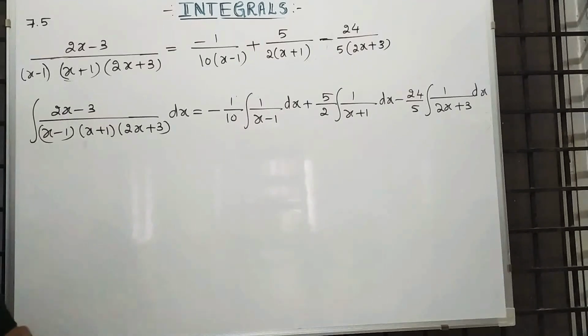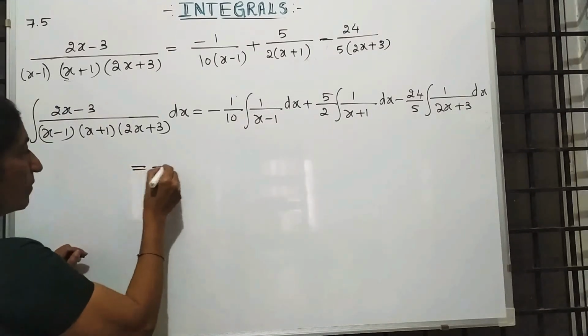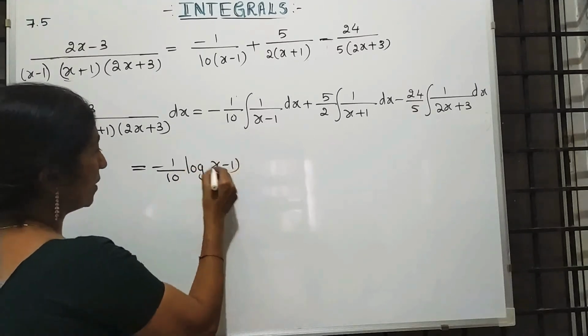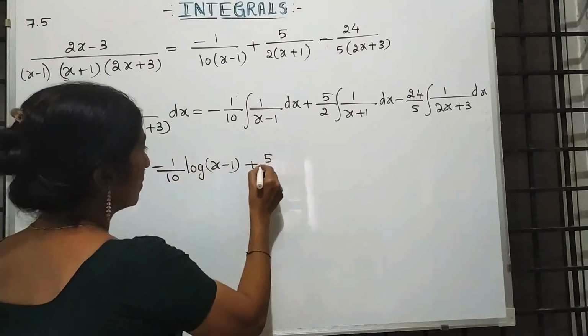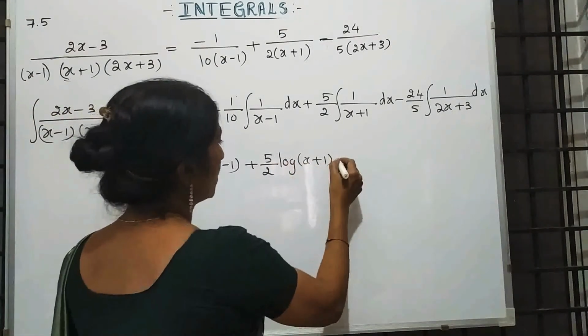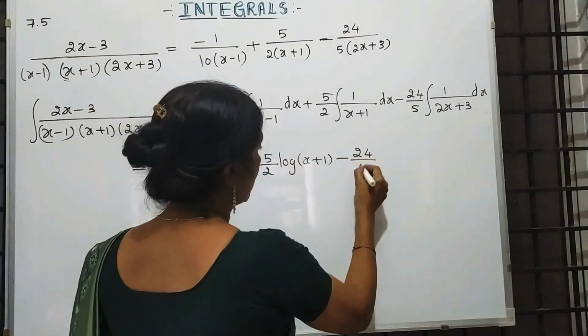So it is minus 1 by 10 log of x minus 1 plus 5 by 2 log of x plus 1 minus 24 by 5.